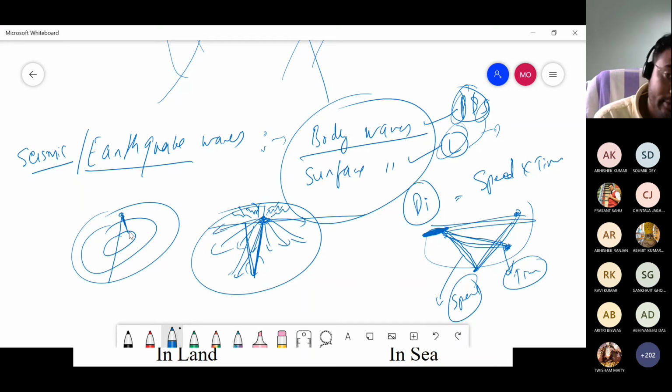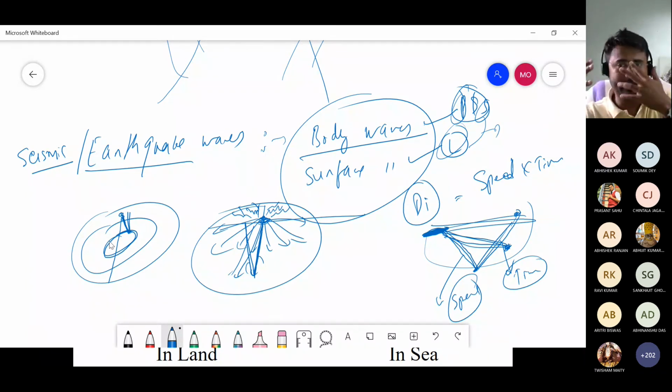It is restricted by the liquid layers. So whenever it finds a liquid layer, the ray is reflected back. So we know the speed, we know the time. So definitely we can find the distance at which that liquid layer is there. Understood?